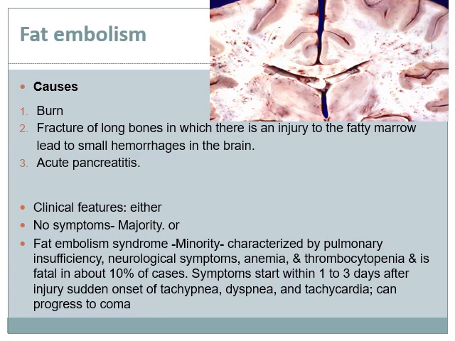Another cause هو البرن والacute pancreatitis. بالنسبة للفات embolism معظم الحالات no symptoms, they pass without any sign or symptoms. لكن minority of them they will cause signs and symptoms, and in this case we will call the condition fat embolism syndrome. بهذه الحالة عندي هالفات globules ممكن تروح للpulmonary circulation تسوي لي pulmonary insufficiency, or to the brain with neurological symptoms.